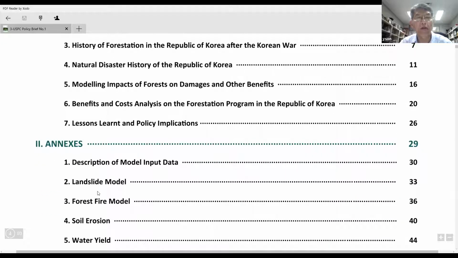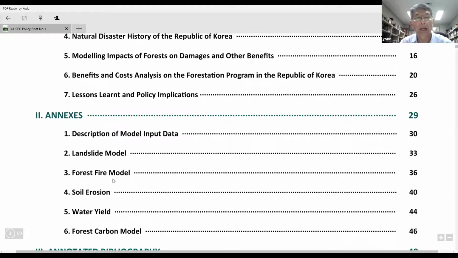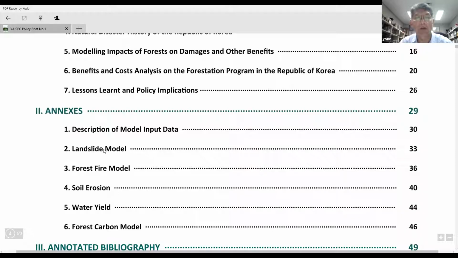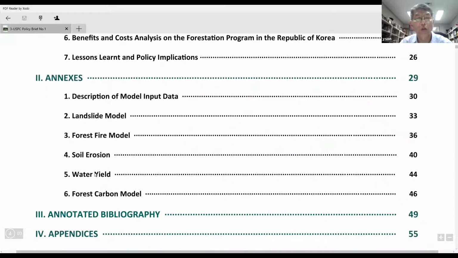In appendix, as I mentioned, we described model input data in detail, what kind of data are needed to run models, and specific models for landslide, forest fire, soil erosion, water yield, forest carbon.